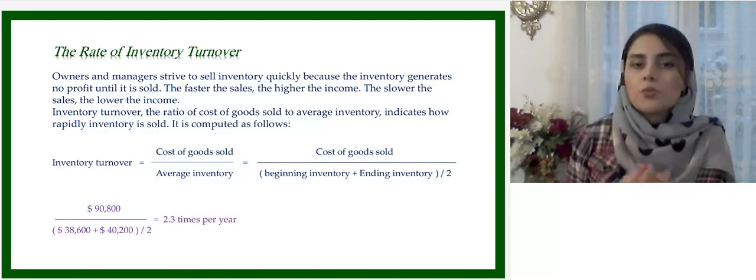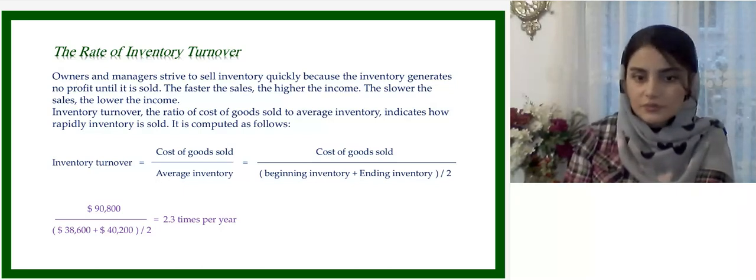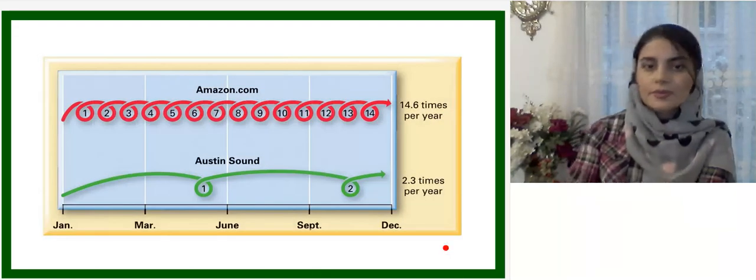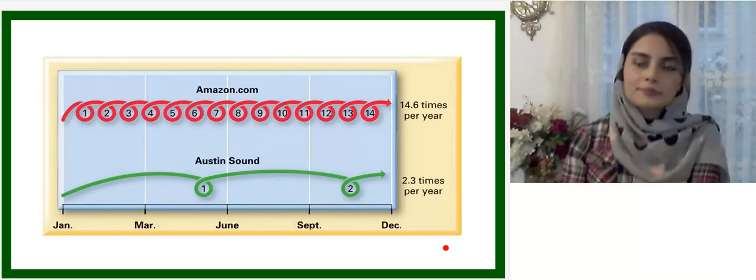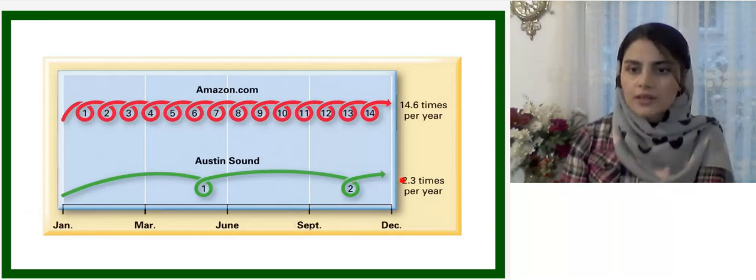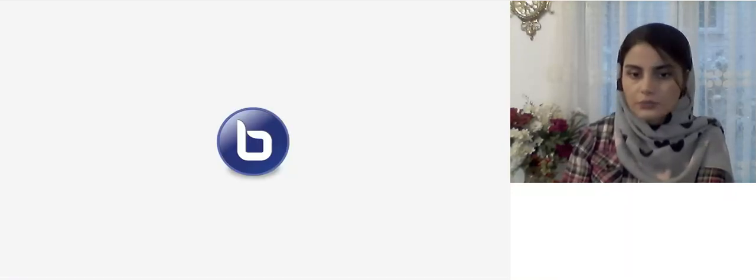A turnover rate of 2.3 times per year suggests that Austin Sound is not very efficient. You can see Austin Sound and Amazon.com from January to December. For Austin Sound, we have 2.3 times per year, and for Amazon, we have 14.6 times per year. It is more than Austin Sound.